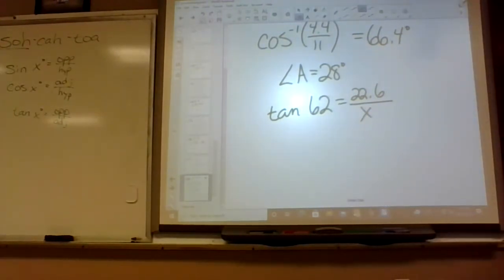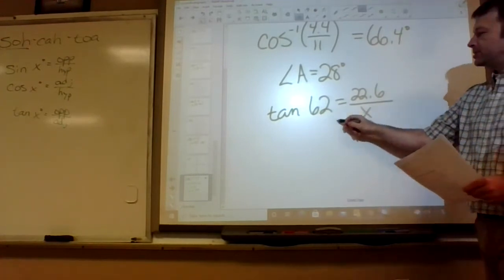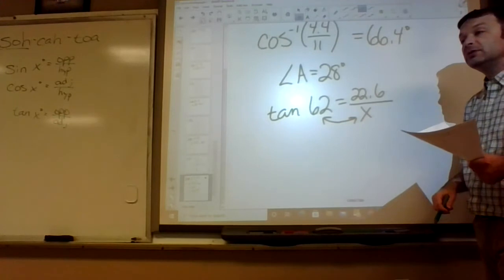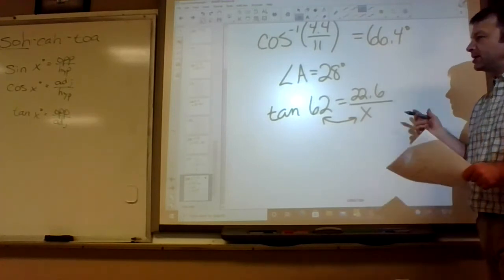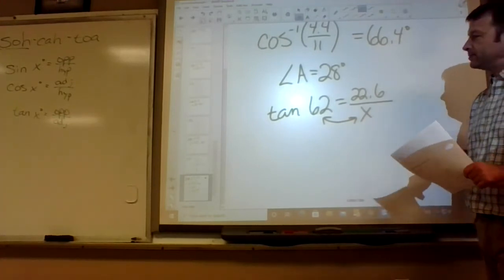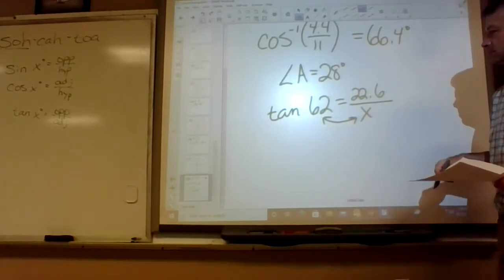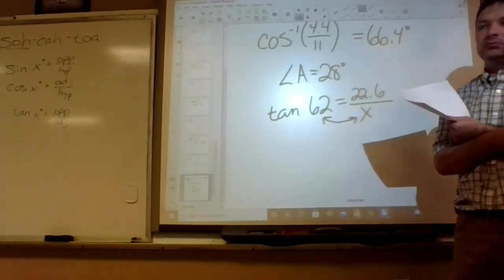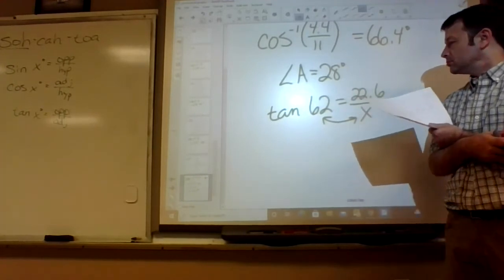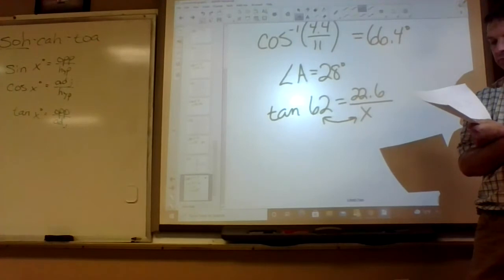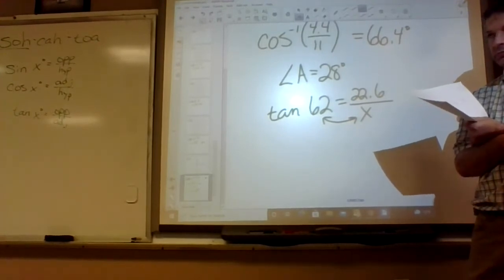You could have used a different one: if you use 28, X would have been on top. You divide 22.6 over 66. X equals 13.